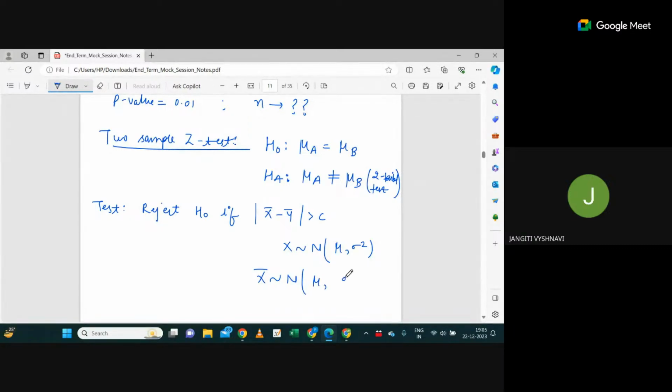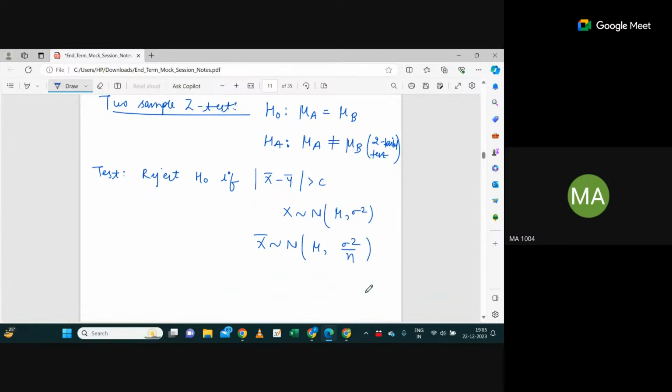Mu comma sigma square by n. For this very first sample, machine A, what will be the distribution of x bar?